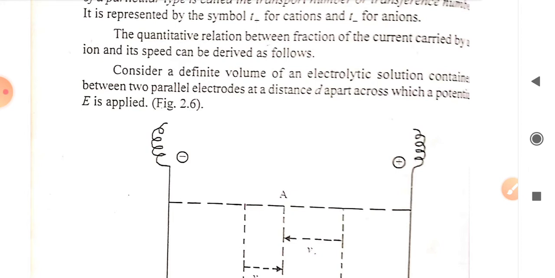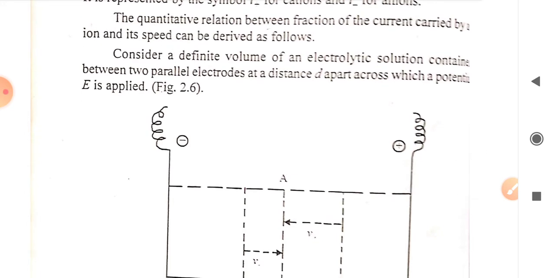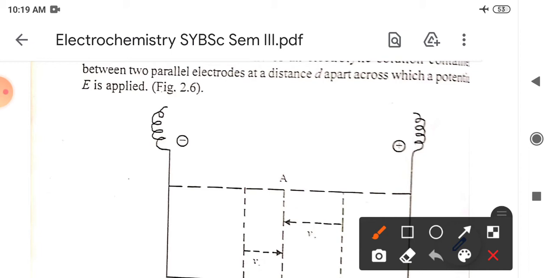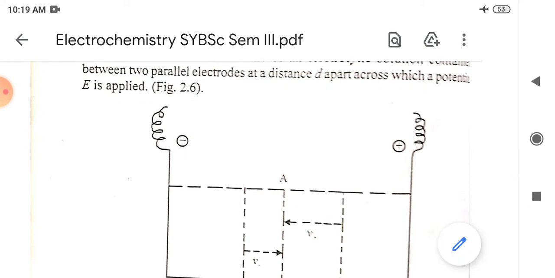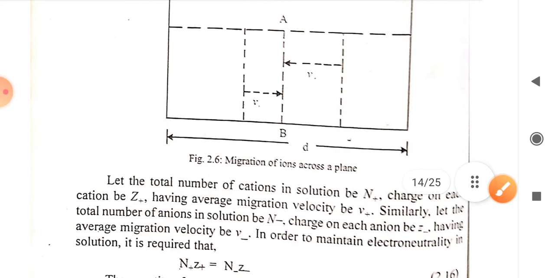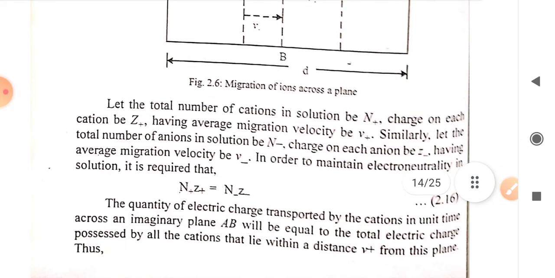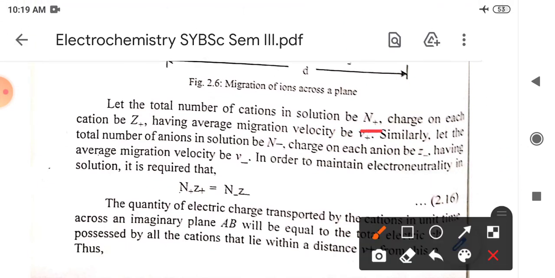now consider a definite volume of an electrolytic solution which is contained between two parallel electrodes at a distance d apart from each other, and an electrical potential E is applied across this system. Now let the total number of cations in the given solution be N plus, and the charge on each cation be Z plus.